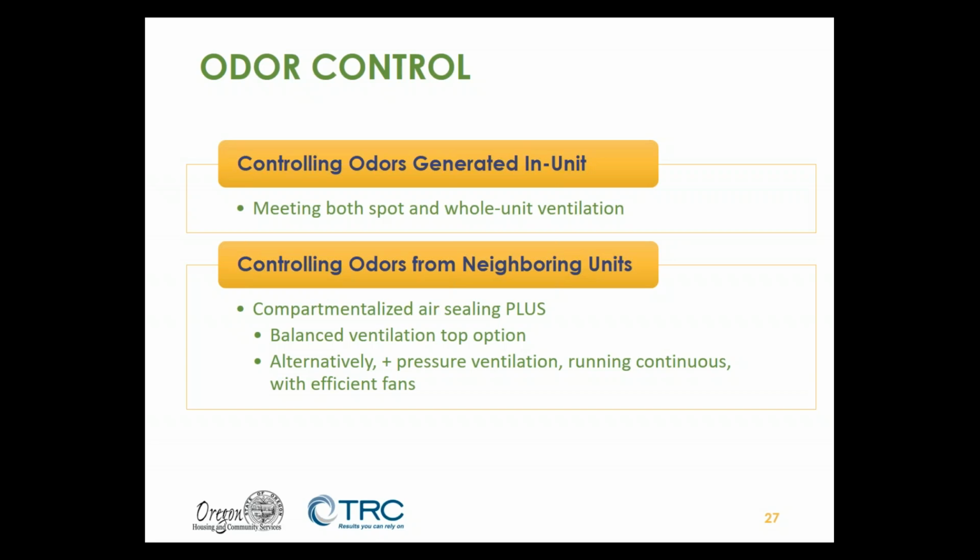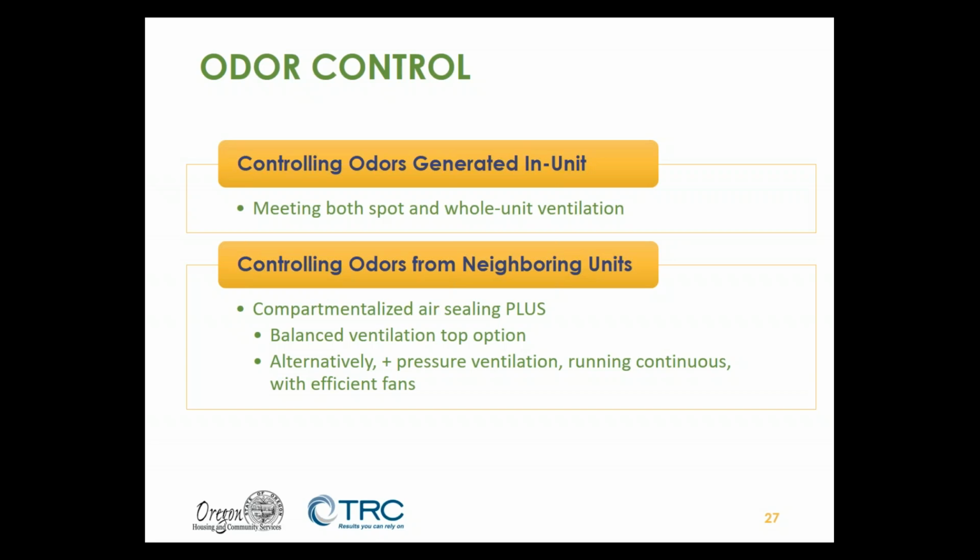But ideally, as I said before, whole unit ventilation is part of the package there for sure. And this can also be done by compartmentalized air sealing, plus these balanced ventilation options, and as an ideal, as a first pass, or as a backup pass, positive pressure ventilation is better for odor control than negative.